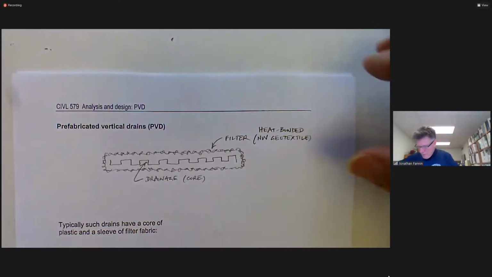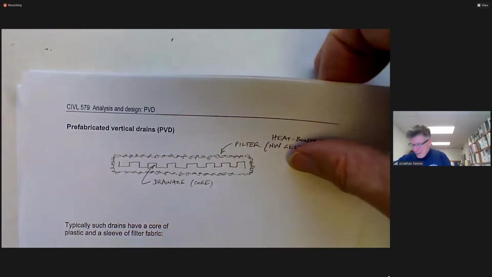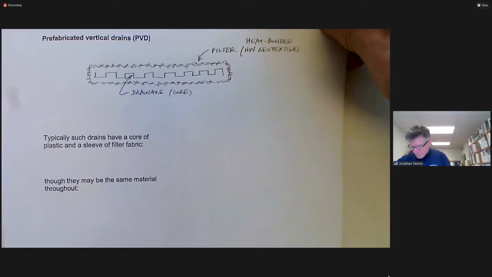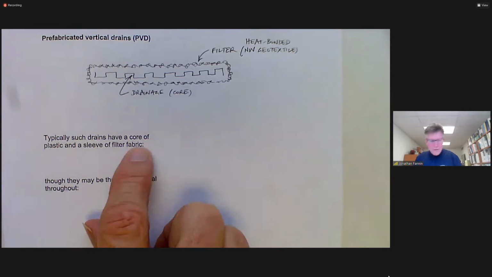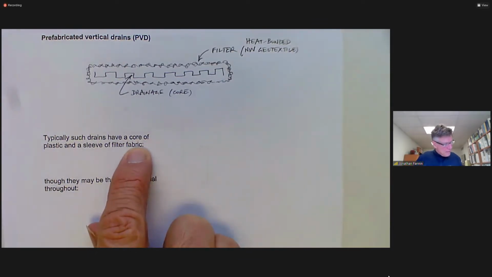Fantastic. So if we capture that arrangement, we have this core, the sleeve of the plastic fabric.